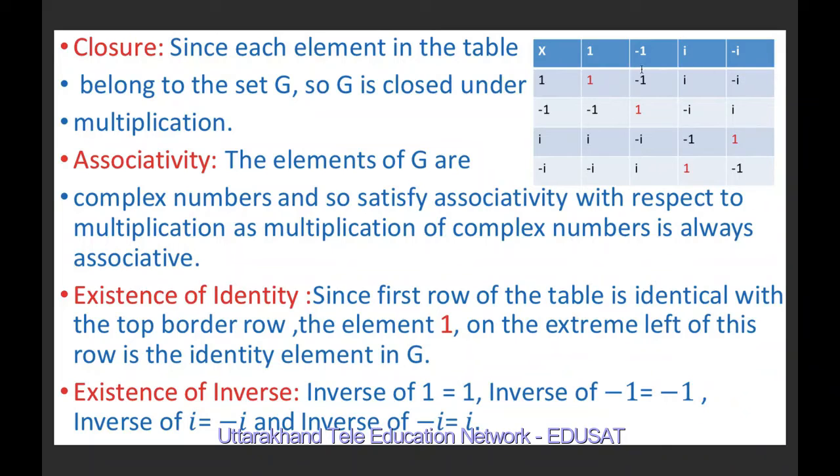So the element on the extreme left of this row, which is identical with the top border row, is 1. So 1 is the identity element of the group. As I have mentioned, since the first row of the table is identical with the top border row, the element 1 on the extreme left of this row is the identity element of G.